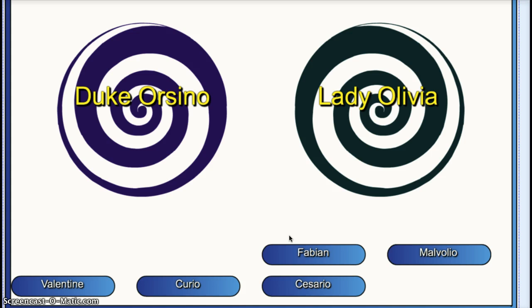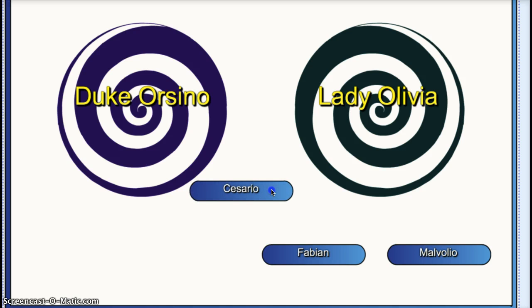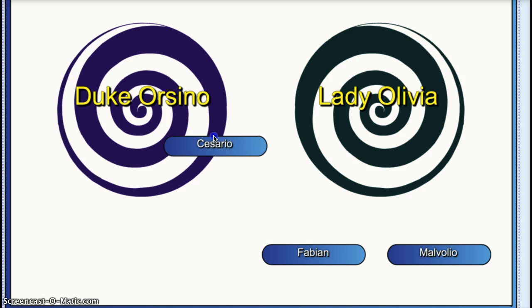Now you have some lesser known characters that don't have as many lines, like Curio, who would be in Duke Orsino's household, and Valentine. You don't see him a whole lot, but it's those little things that students will pick up, like Cesario. The name's only mentioned a few times, but it is Viola as the courier to Lady Olivia from Duke Orsino.